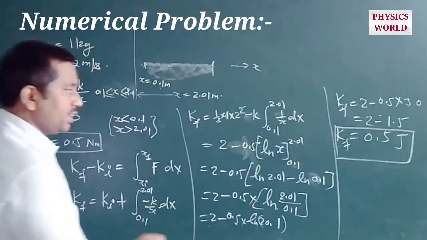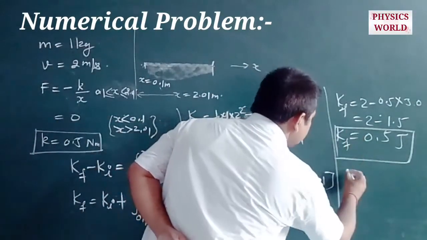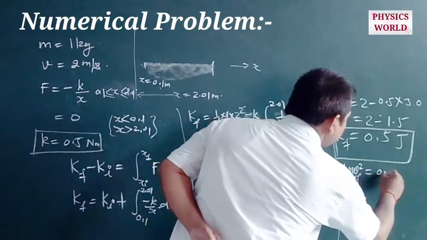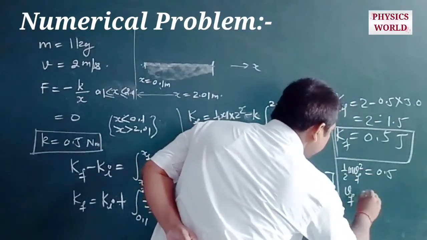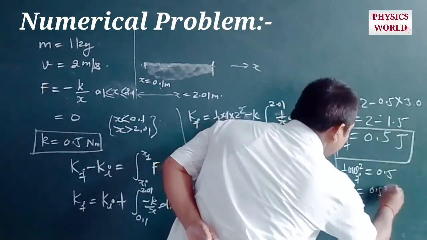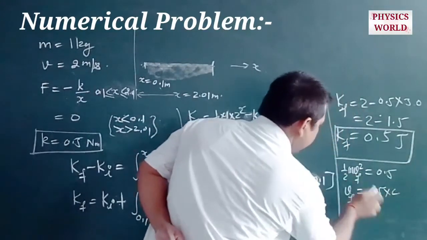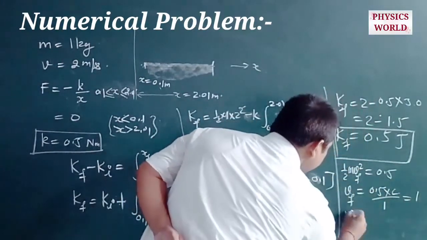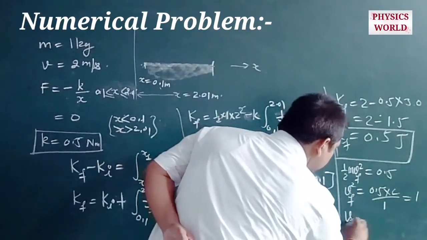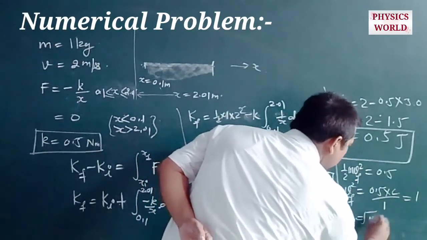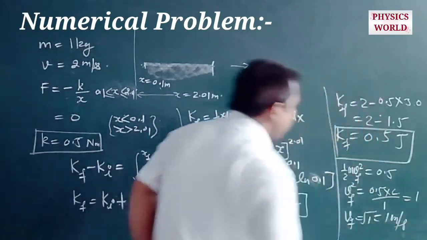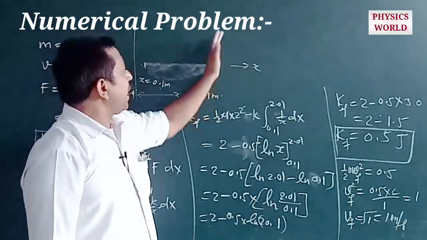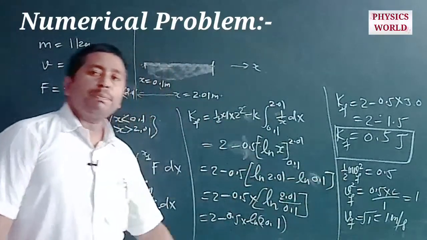This is equal to 1 by 2 m vf square equal to 0.5. So from here vf square is 0.5 into 2 divided by m, that is 1. So this becomes totally 1. So vf is equal to root of 1, that is 1 meter per second. So the object leaves this patch region with a velocity of 1 meter per second.